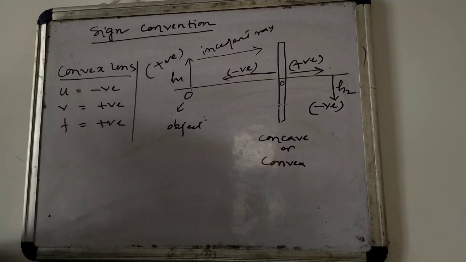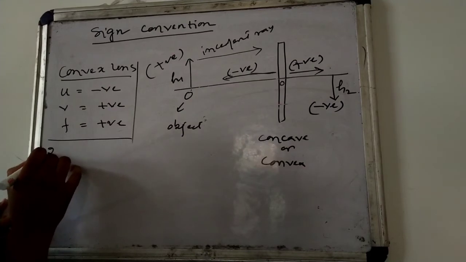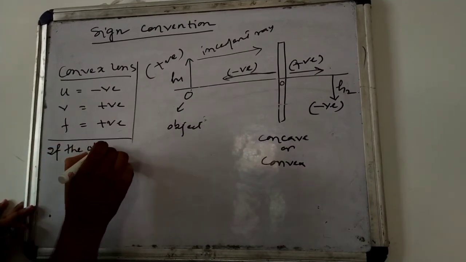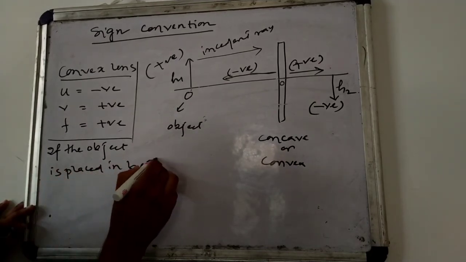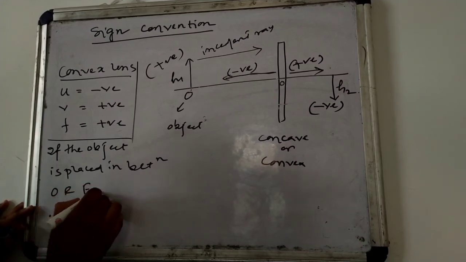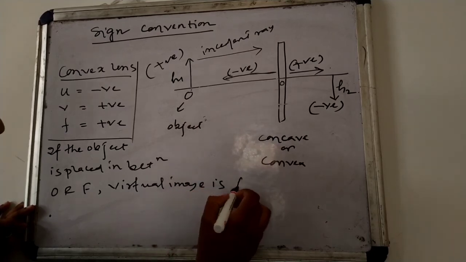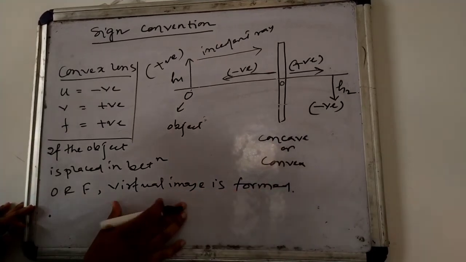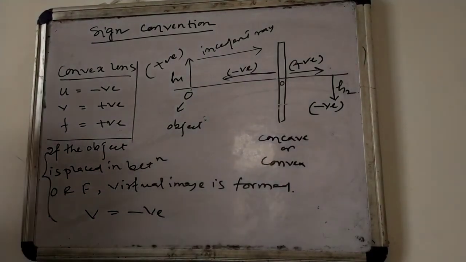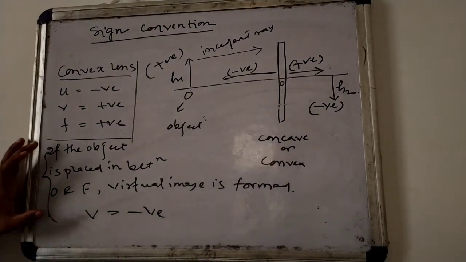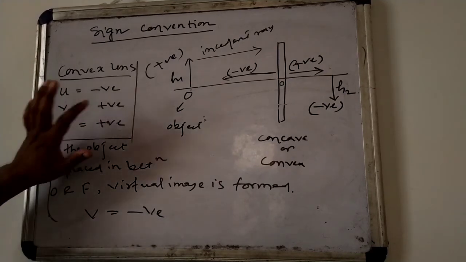If the object is placed in between optical center and focus, then a virtual image is formed. Only in this case, image distance will be negative. Okay. For this case only, image distance will be negative. Otherwise, image distance will be positive.